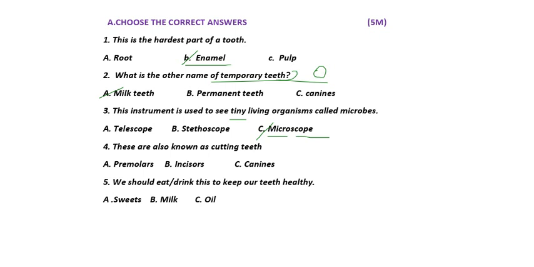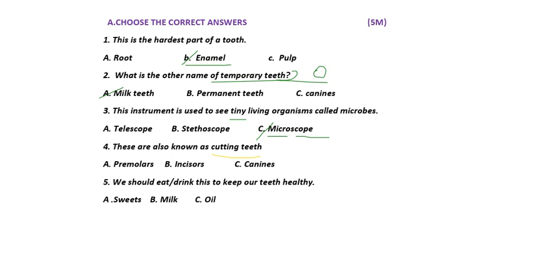Now the fourth one. These are also known as cutting teeth. What is the other name for cutting teeth? I told you there are four types of permanent teeth: incisors, canines, premolars and molars. Incisors are also called cutting teeth.